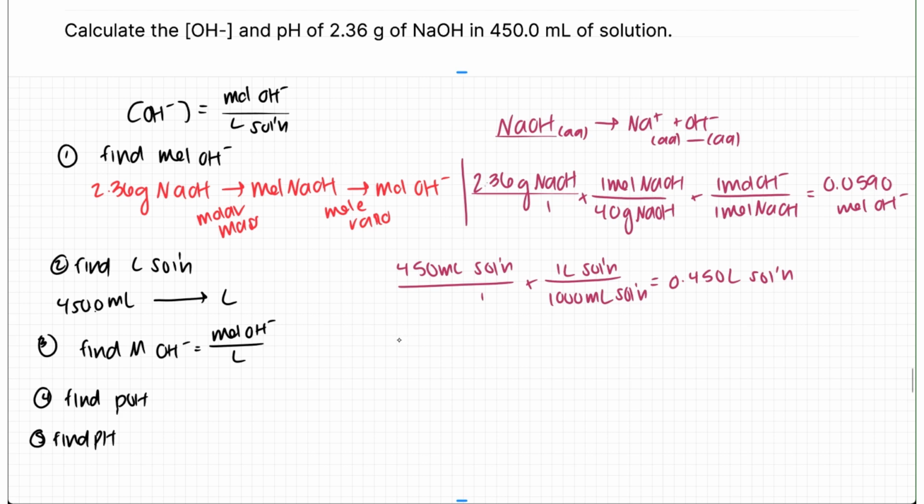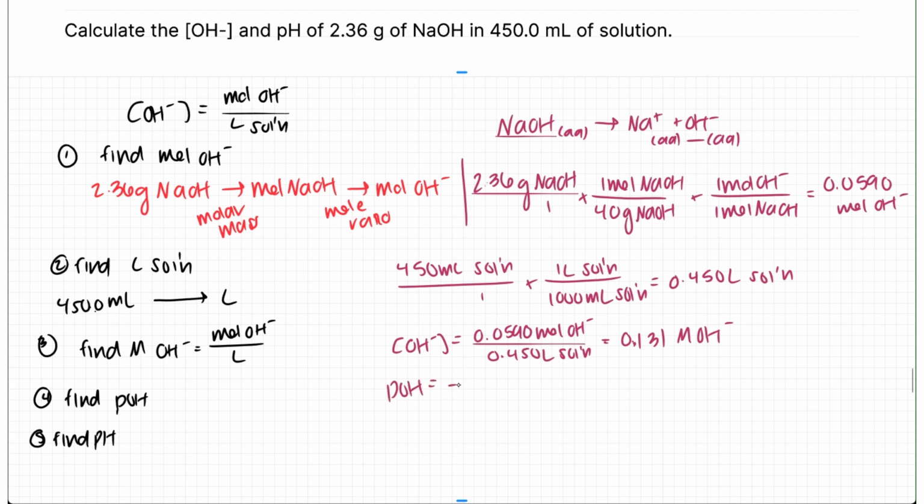So we can combine those two to find the concentration of OH-. This gives us a value of 0.131 molar OH-.